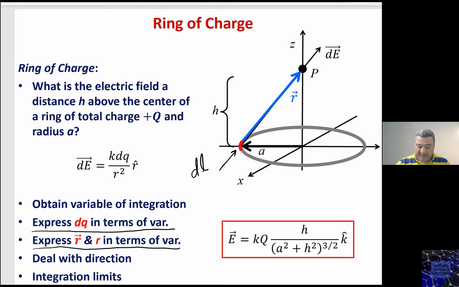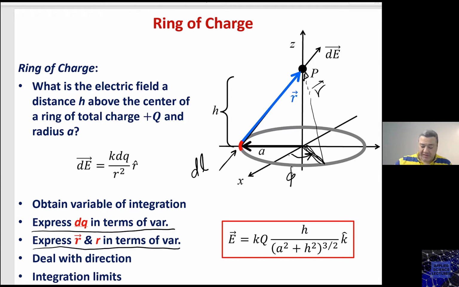I can see here that the best variable for that ring would be the angle here. If I take this one to be the radius, and this one as my r, I can see that the variable phi here would be the best variable that I can use in this problem.